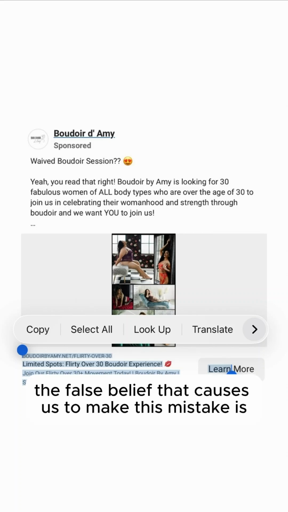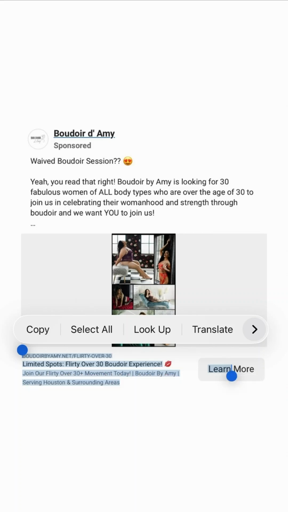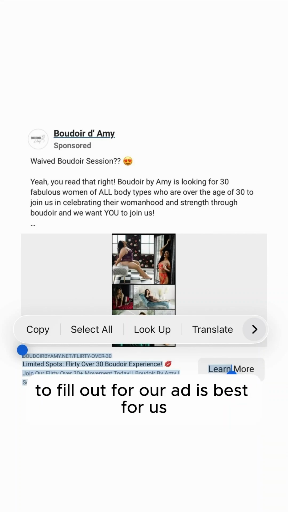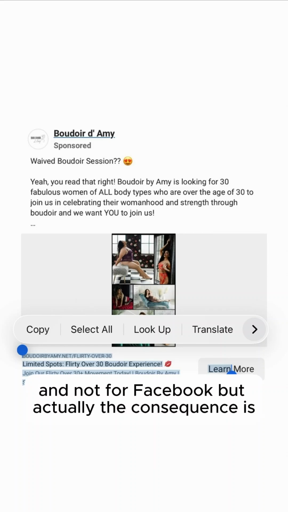The false belief that caused us to make this mistake is that we're trusting what Facebook tells us to fill out for our ad is best for us and not for Facebook.